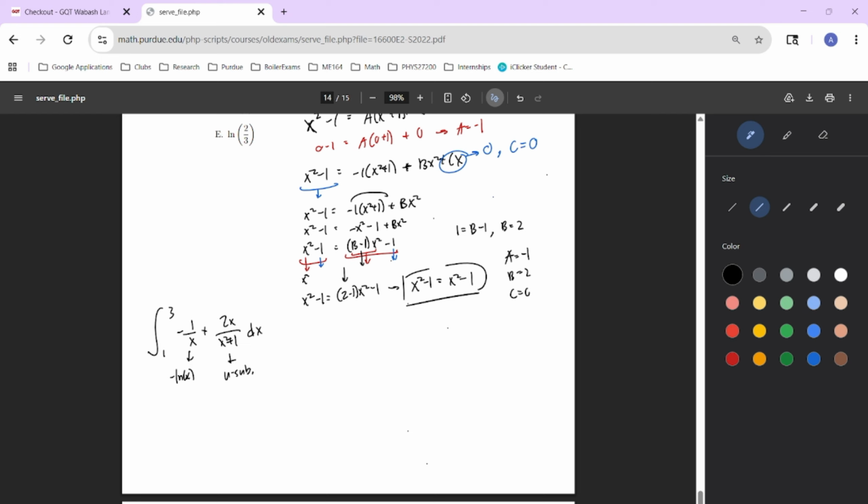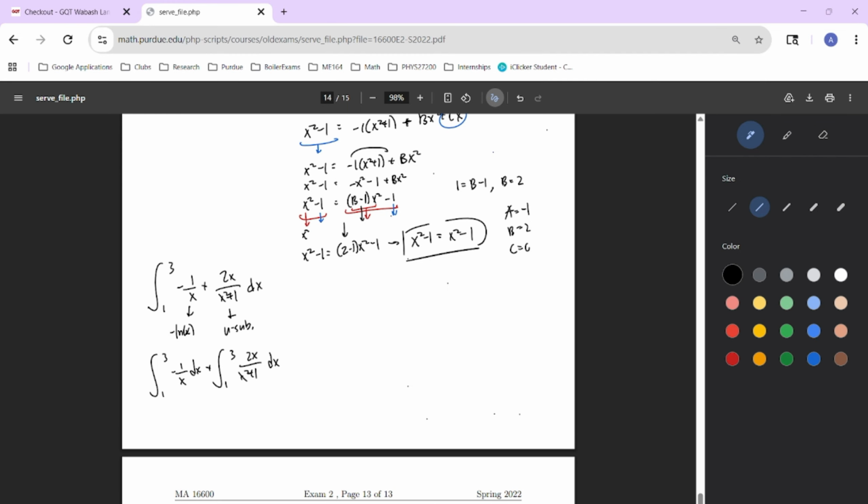I'm going to focus on the u sub, but the u sub is actually really, really clean, which is super nice. This becomes the integral from 1 to 3 of negative 1 over x dx, and then plus the integral from 1 to 3 of 2x over x squared plus 1 dx. So this one turns into negative ln of x from 1 to 3, and then plus this one becomes a u sub.